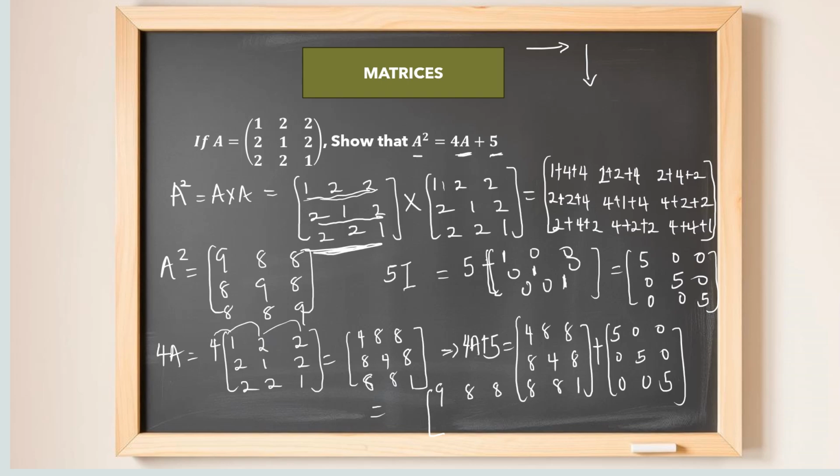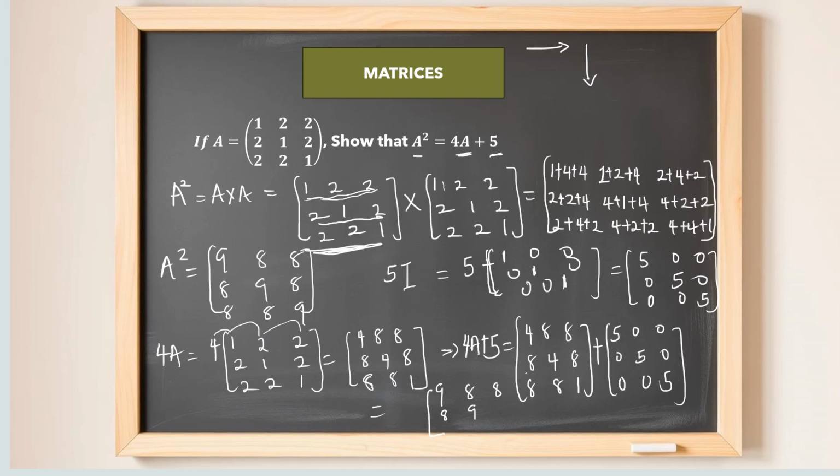Please, you can check my other videos on the playlist on how to do this. The addition of matrices has been explained in my playlist, okay? And here we have 8 plus 0, here we have 8. 4 plus 5, we have 9.